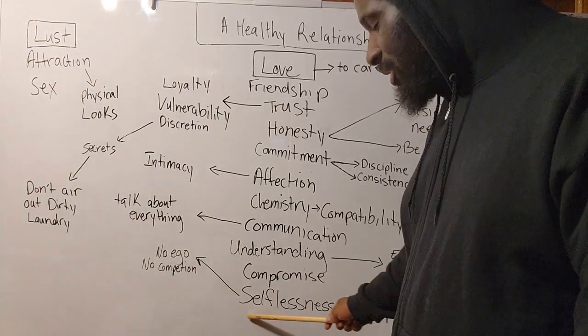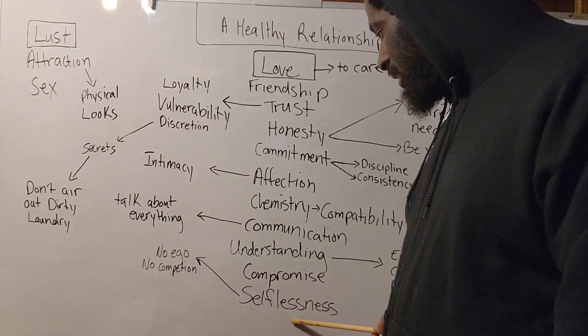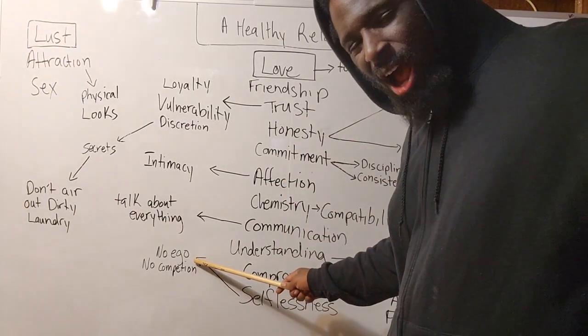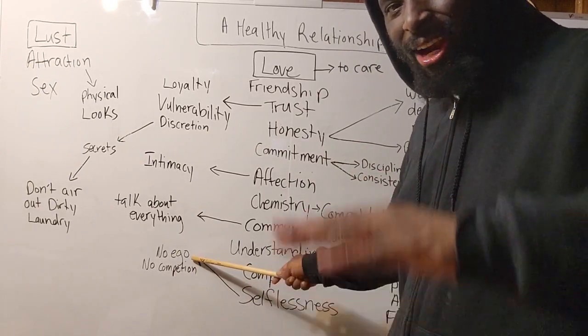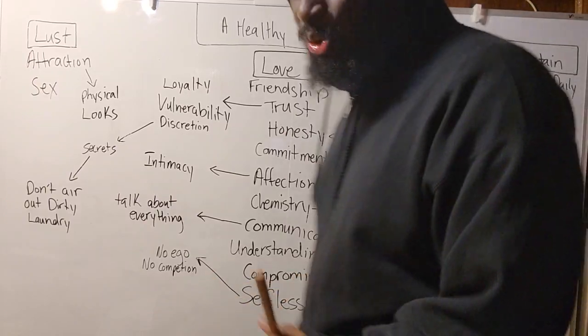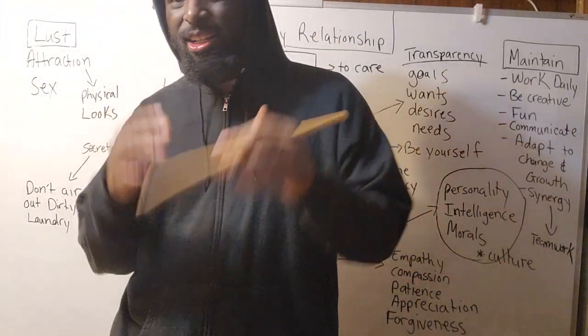The last one of love, selflessness. You got to be selfless, right? Selfless means no ego. Remove that pride, remove your ego. It's not necessary in a relationship. No competition. You can't compete in a relationship. It's not about husband versus wife.